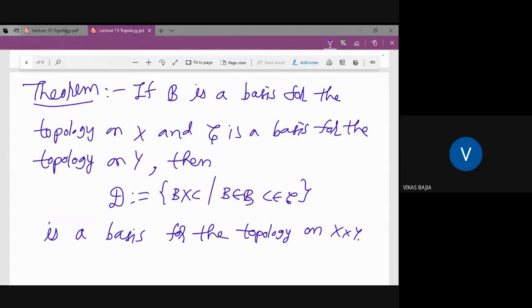Yes, sir, it's clear. So then tell me whether I am asking any question related to product topology. Is this question related to product topology? But I have not used product topology anywhere in the question.